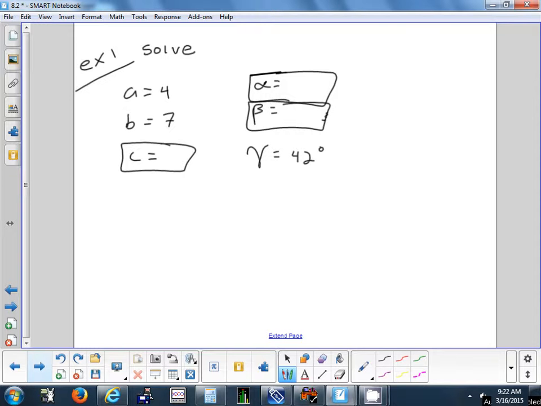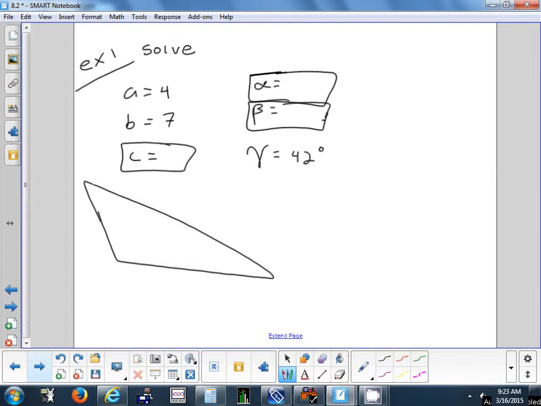Carly, what do you think a good first step would be? Maybe drawing a diagram. Yeah, why don't we make a diagram just so we can see the relationships. If you're not sure how to look at this table and figure out if it's law of cosines or law of sines, that's what a diagram will help. So let's make a diagram.